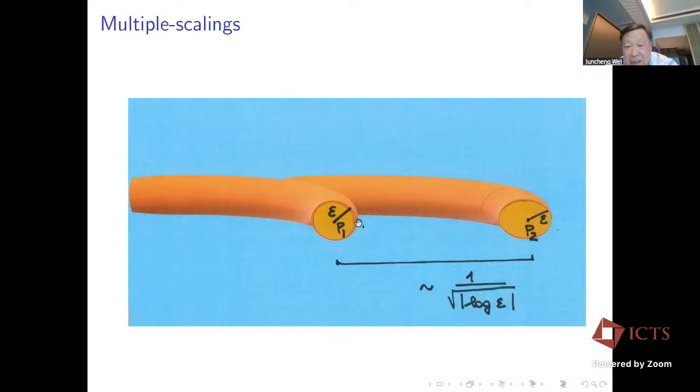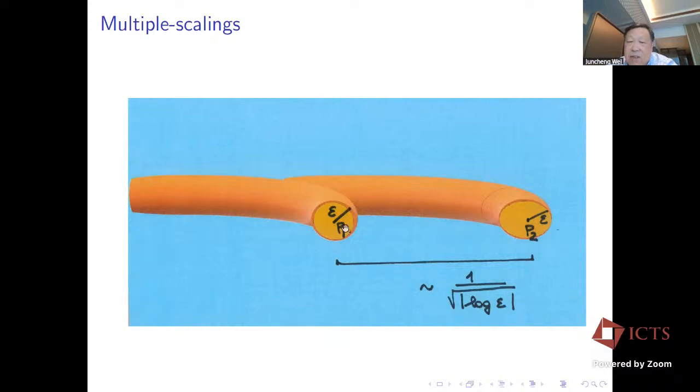So this is the inner scaling. And then the distance between the vortex rings is 1 over log. So this is the second scale. Then there's a larger scale, which is order 1.